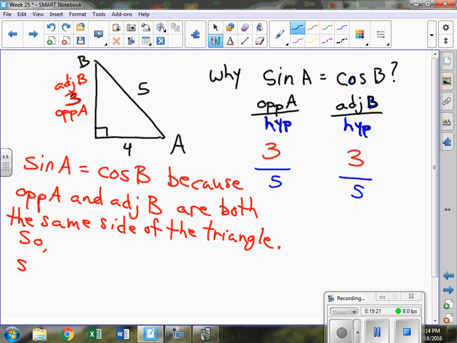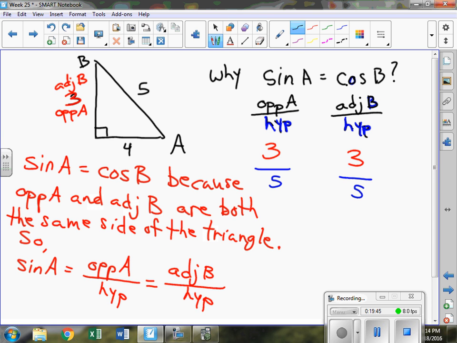So, when we take sine of A, using our work, we know sine of A is the opposite of A over the hypotenuse. But since the opposite of A is the same thing as adjacent of B, that substitution tells us this is still the same.